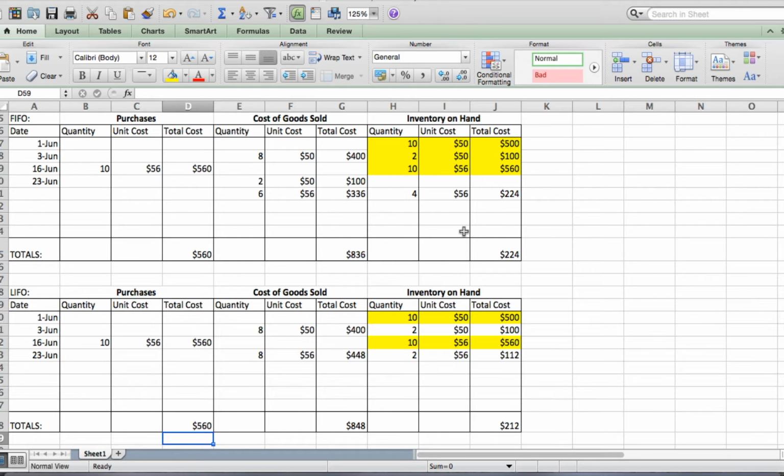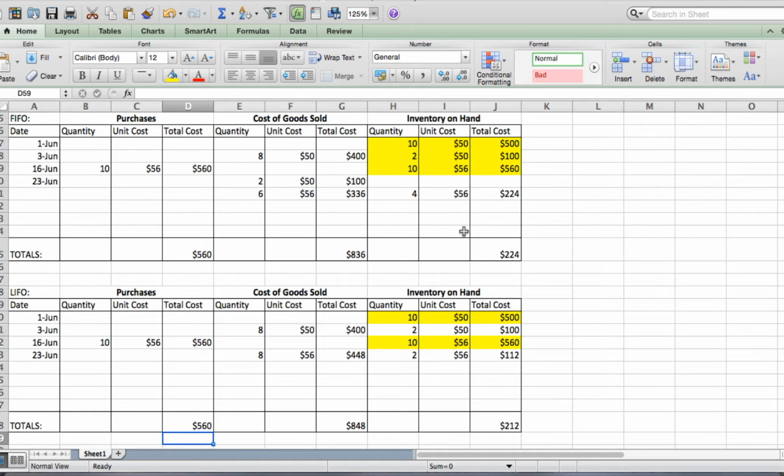That's why there's 3 different methods that are acceptable under GAAP, because you're really not changing the bottom line figures at all. Our costs stay the same. We're just really changing the timing of when we recognize cost of goods sold and the timing that we value the inventory on hand differently.